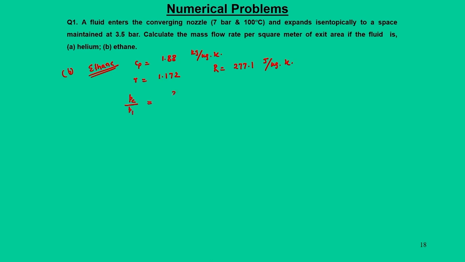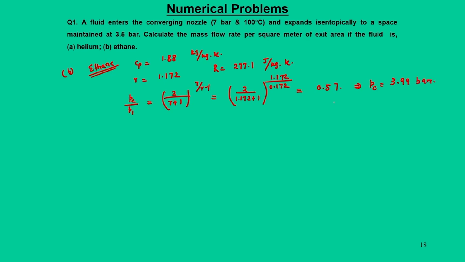Pc by P1 is (2 by gamma plus 1) to the power gamma divided by gamma minus 1. By putting this ratio, we say (2 by 1.172 plus 1) to the power 1.172 divided by 0.172, that is 0.57, which means Pc would be 0.57 into 7, that is 3.99 bar.